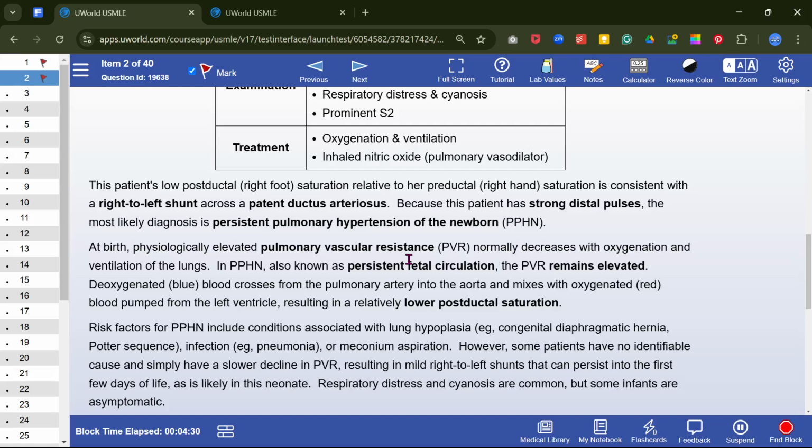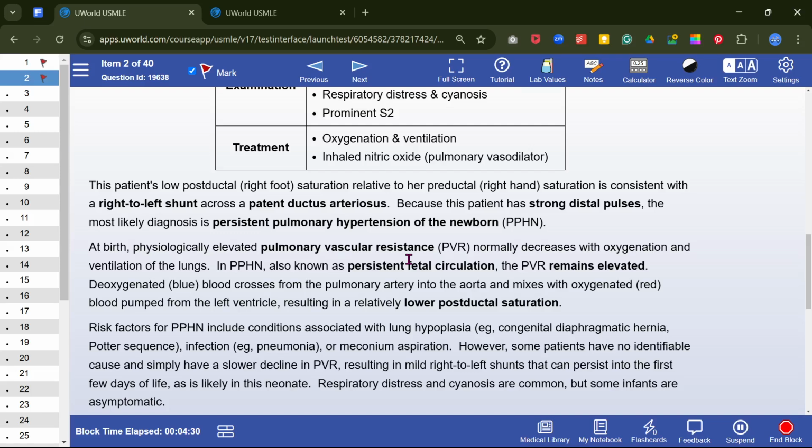Risk factors for persistent pulmonary hypertension include conditions associated with lung hypoplasia, congenital diaphragmatic hernia, Potter sequence, infection, pneumonia, meconium aspiration. However, some patients have no identifiable cause and simply have a slower decline in pulmonary vascular resistance, resulting in mild right to left shunt that can persist into the first few days of life, as is likely in this neonate.